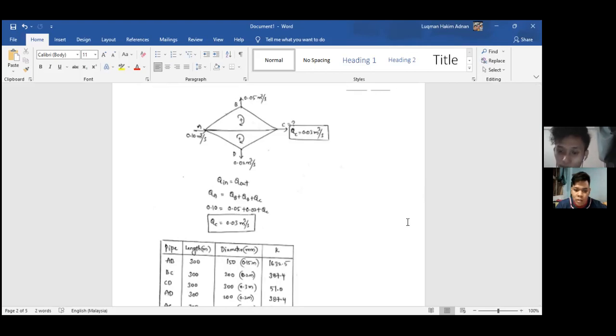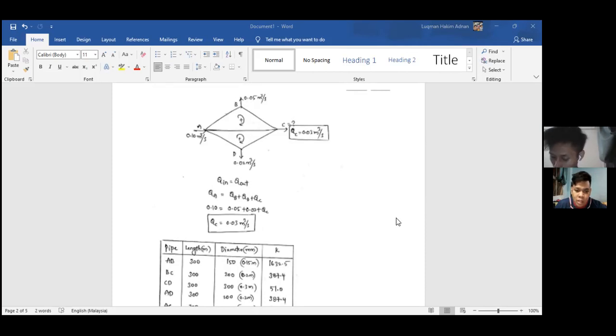We use this equation, which is Q in is equal to Q out. We have QA as Q in, and QB, QC, and QD as Q out.